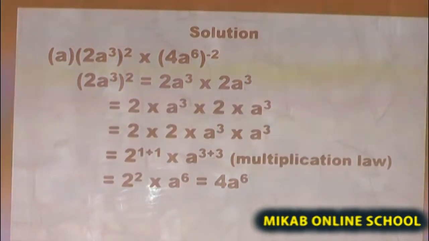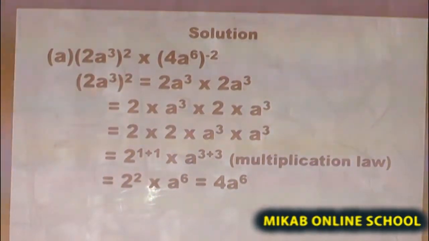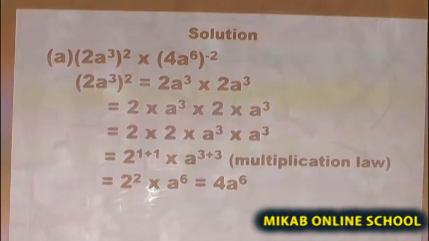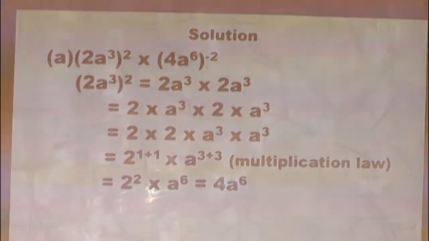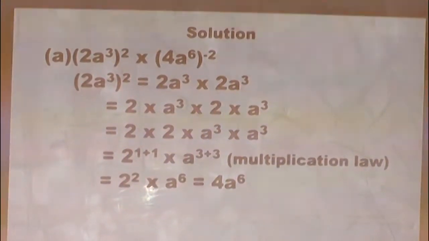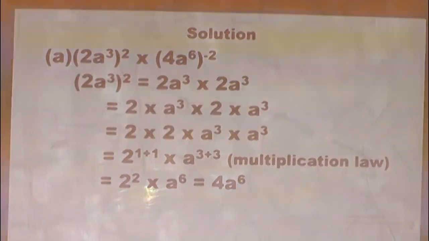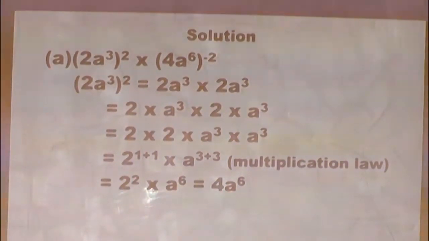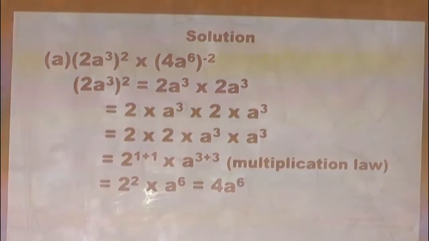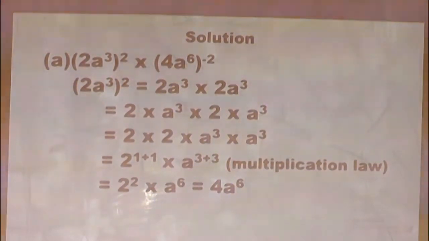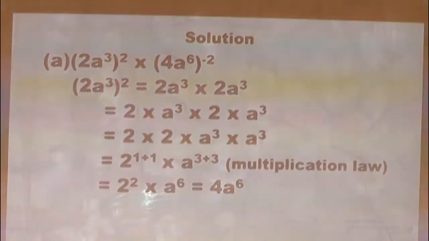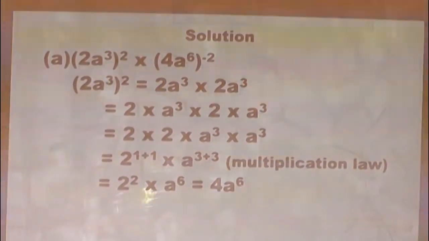Therefore, this expression, 2 raised to the power of 2a raised to the power of 3, open and close bracket, all raised to the power of 2, is still the same thing as this 4a raised to the power of 6.